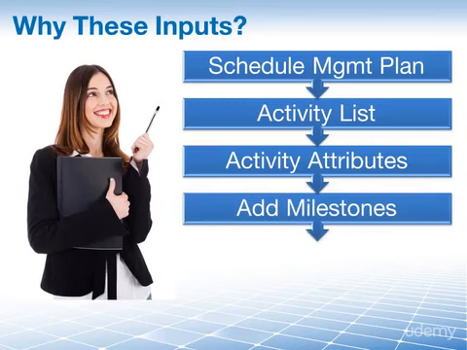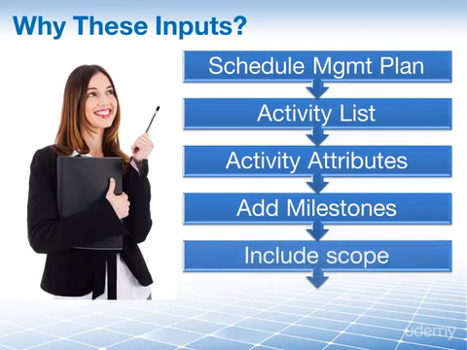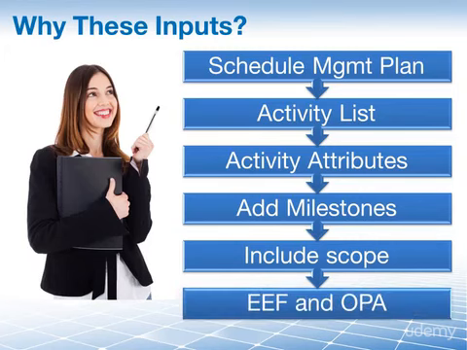But what again are the other two? Yes, I need the scope statement to ensure that I include everything from the scope. And of course, I need the enterprise environmental factors and organizational process assets to make sure that I take any conditions into account and follow proper company procedures. And there you go, you have recreated the 7 inputs with logic.